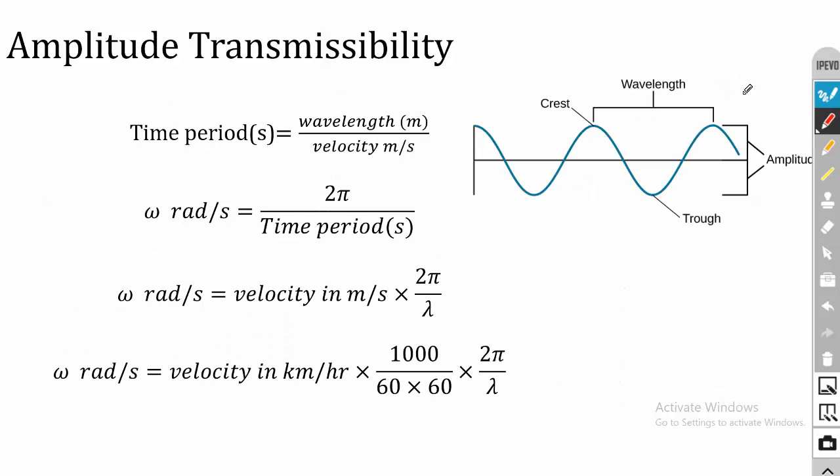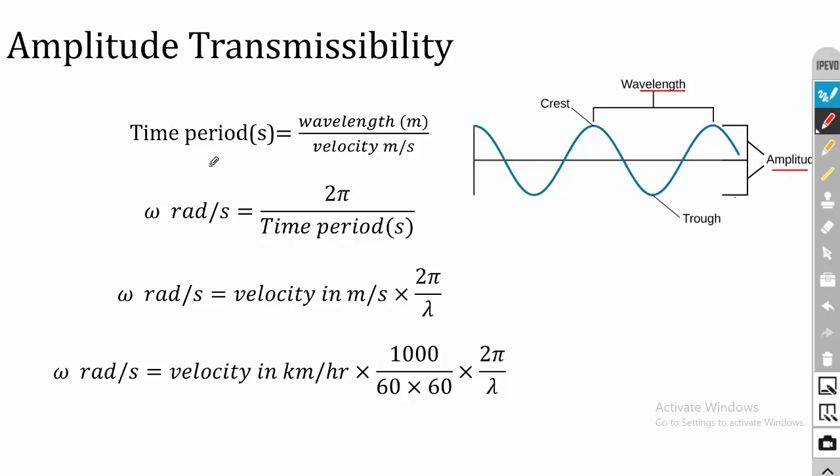For a road profile, assume that the road profile is a sinusoidal wave. The distance between the maximum and minimum point is called the amplitude of the road. The distance between the crest points of two adjacent cycles is called the wavelength, and the time to complete one wavelength is the time period.